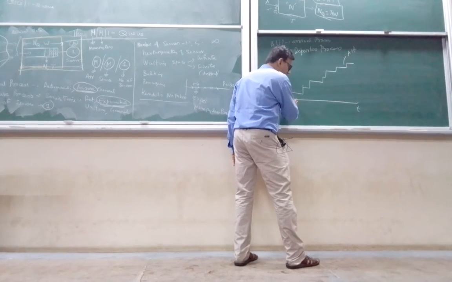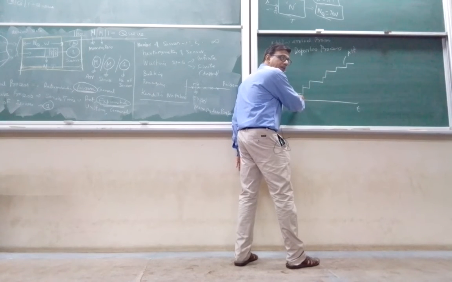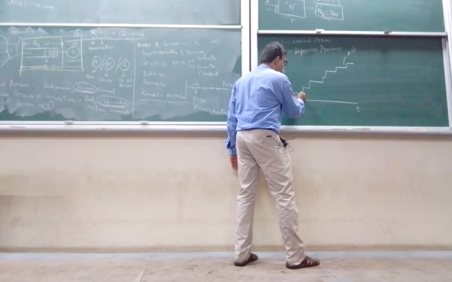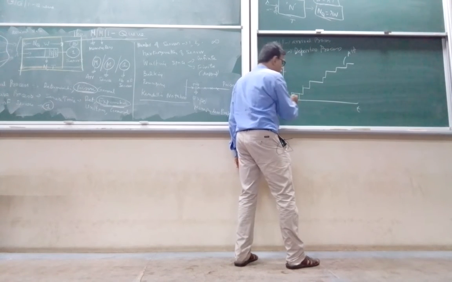Here is where the first arrival is. Here is where the first departure can be, so D of T becomes 1 here.